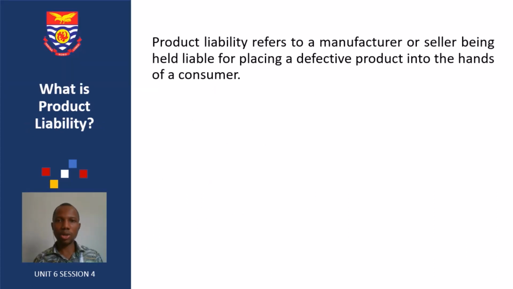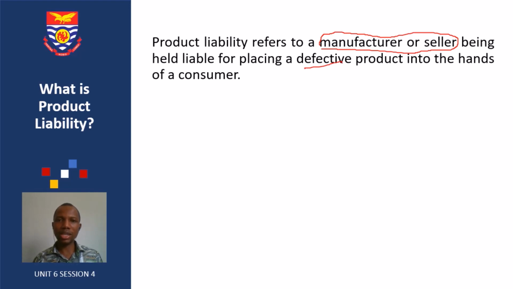Now, when you talk about product liability, you are referring to a manufacturer or seller being liable for placing a defective product in the hands of the consumer. So, either the manufacturer or the seller placing a defective product in the market, whereby people purchase it and consume.